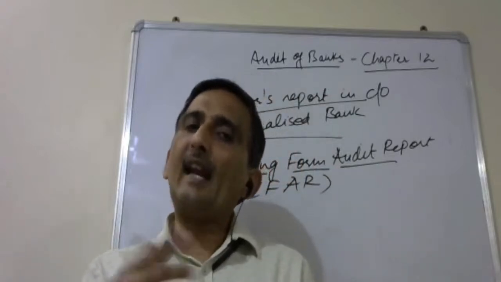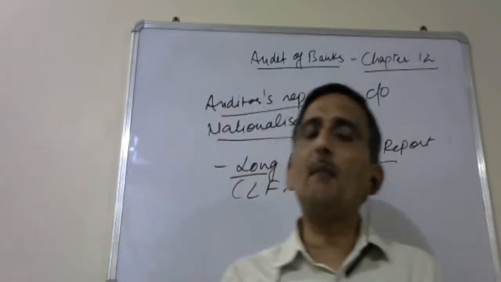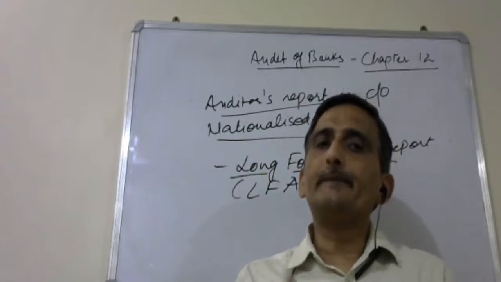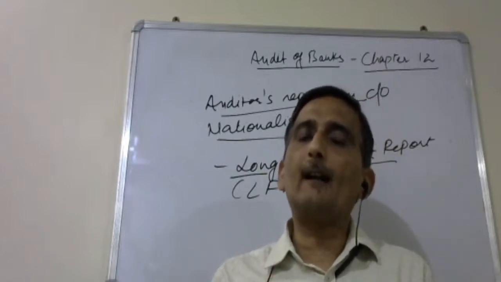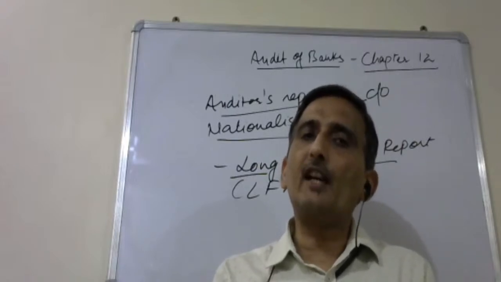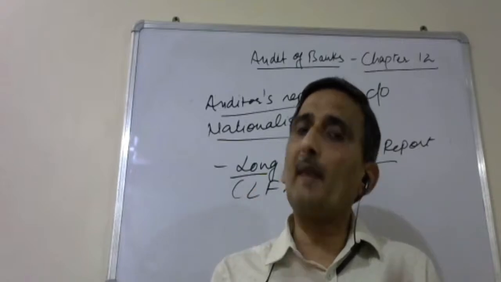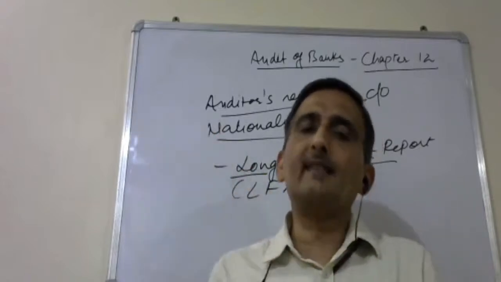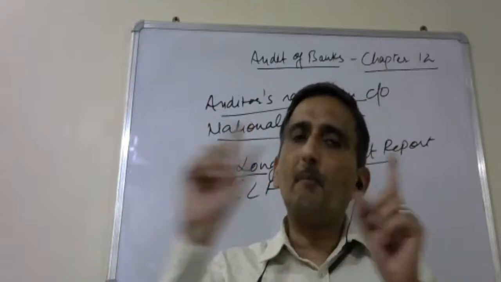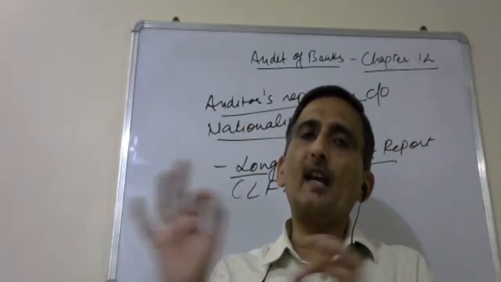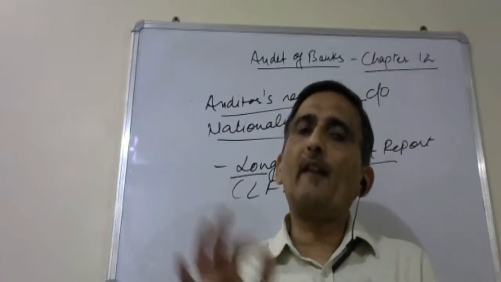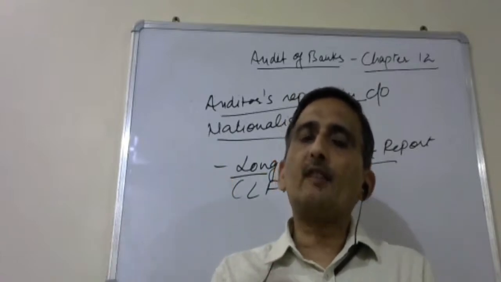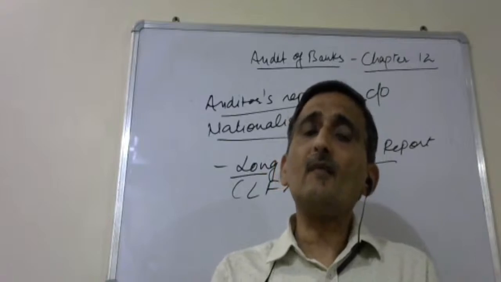So even at the cost of repetition, I am again discussing the broad names of the reports which are required to be given by the auditor of a bank. One is the main audit report, which you had seen of a public sector bank, where the auditor gives his opinion on the true and fair view of the financial statements.